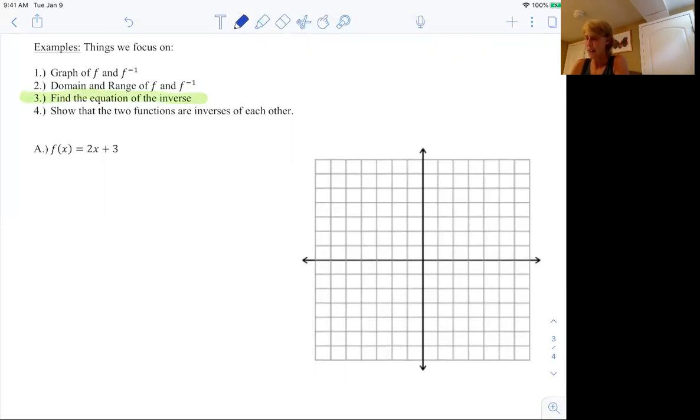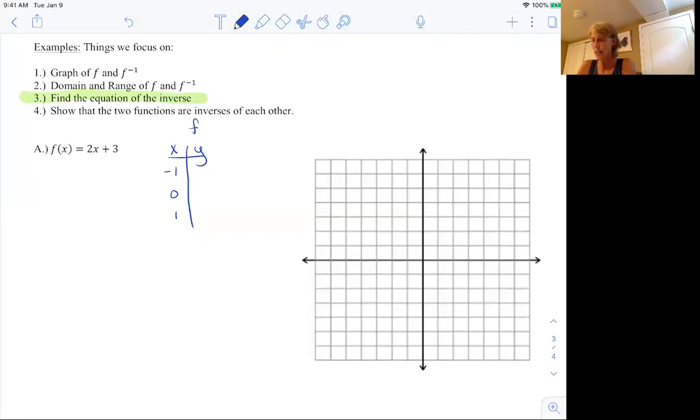So to start by graphing, I want to graph f and f inverse. I'm going to set up a table, x and y, for f. If I want to graph a line, I just need to pick 3 points. There's no restricted domain to begin with, so I just focus on being in the center of that picture.